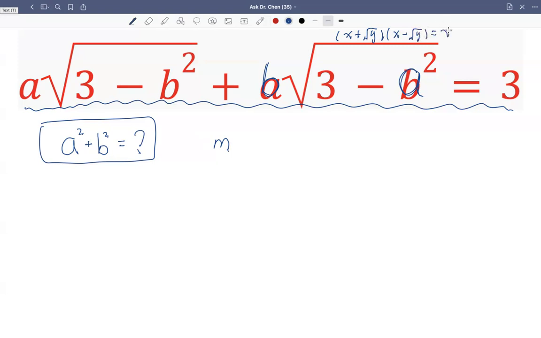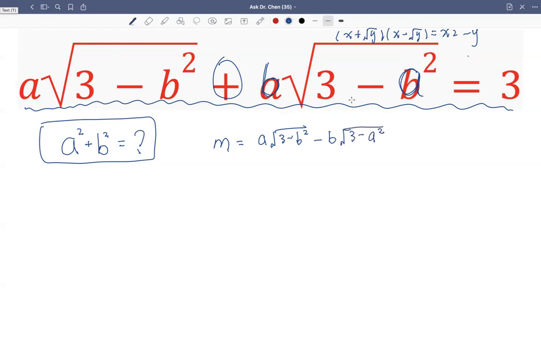Because in this case, we get x squared minus y. That's how we get rid of this square root. So we call it conjugate m. That would be a square root of 3 minus b squared minus, this is a plus, its conjugate would be minus b square root of 3 minus a squared.